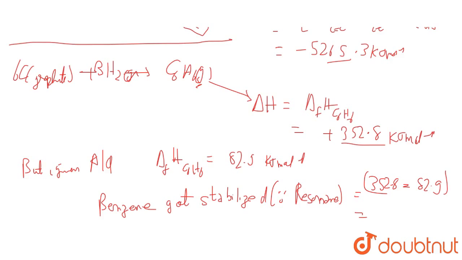When you calculate this, you will get 269.9 kilojoule mole inverse. So the benzene got stabilized because of resonance, and the difference between these two enthalpies would give you the actual resonance energy of benzene.